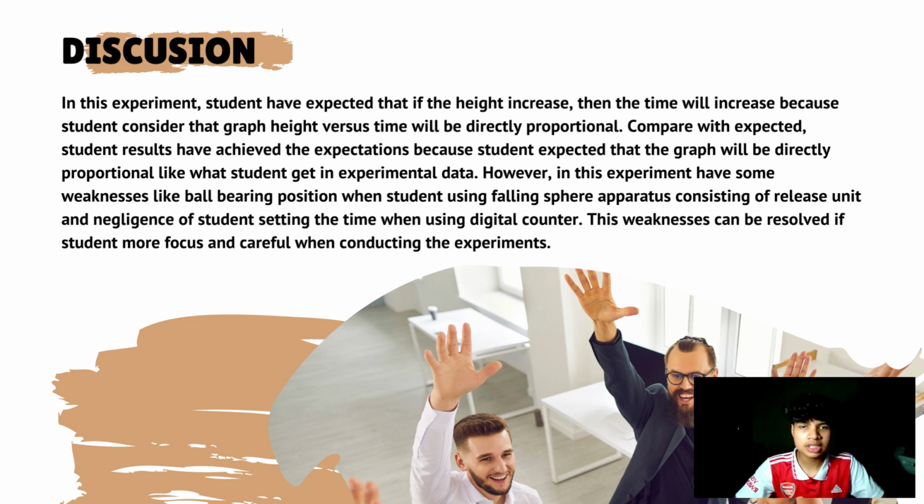However, this experiment still has weaknesses that we need to improve, like the ball bearing position when using the falling sphere apparatus consisting of the release unit, and negligence of students in setting the time when using the digital counter. These weaknesses can be resolved if students are more focused and careful when conducting the experiment.